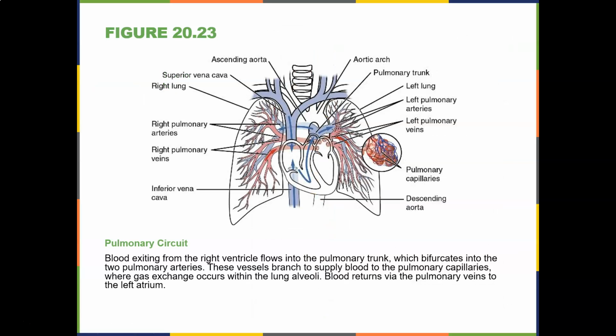There's the pulmonary circuit again. Just to review, this is probably the fourth or fifth time that we're going over this, but the superior vena cava and the inferior vena cava will bring deoxygenated blood into the right atrium, through the tricuspid valve, through the right ventricle, through the pulmonary semilunar valve, through the pulmonary trunk, and pulmonary arteries, where gas exchange will take place.